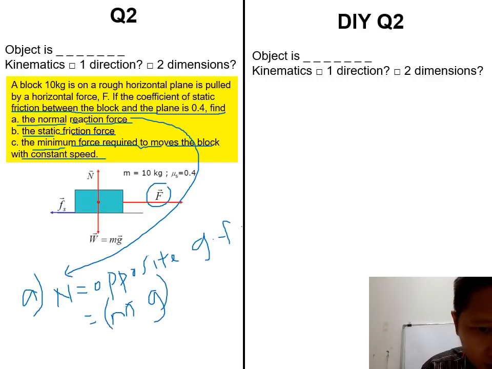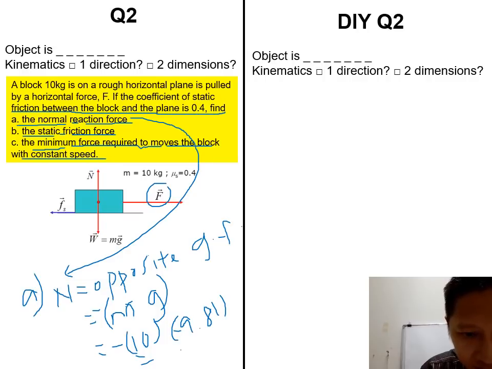We need to put a minus because later on it's going to serve us as a positive value here. M is 10, g is 9.81, minus. So our normal force is 98.1 Newton.